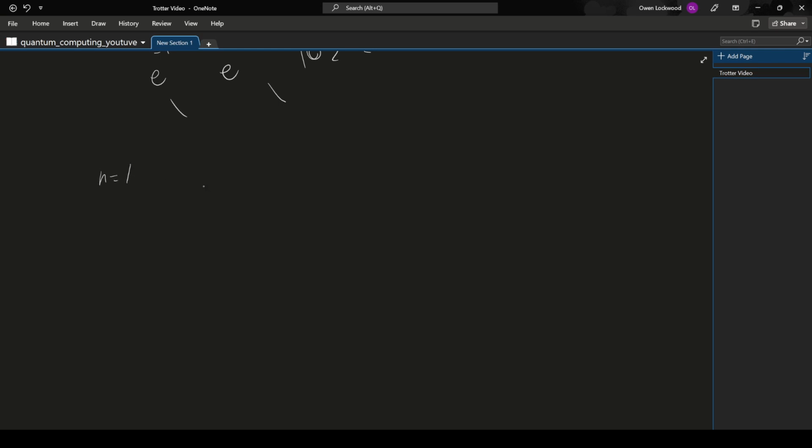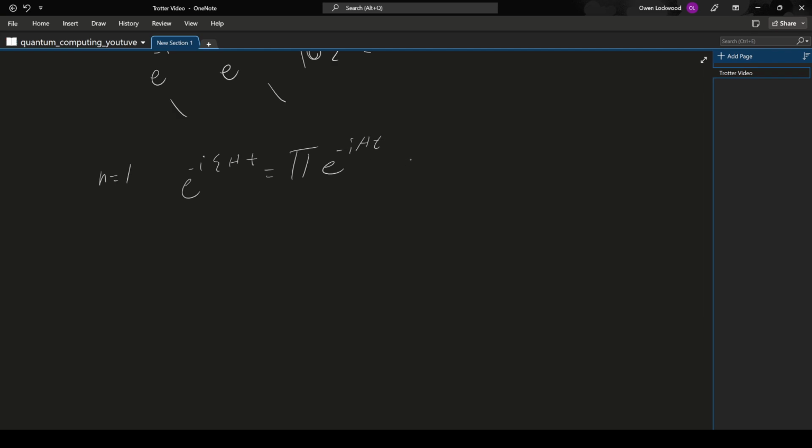So we have our approximation e to the negative i sum of h times time equals the product of e to the negative i h t.